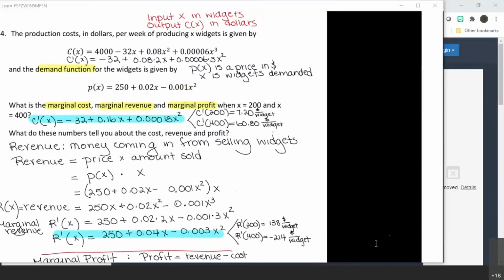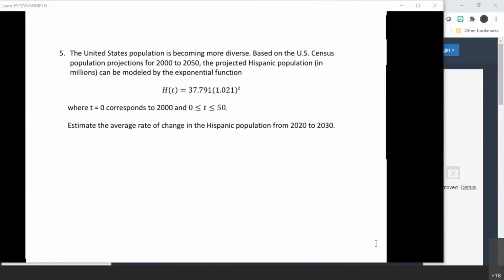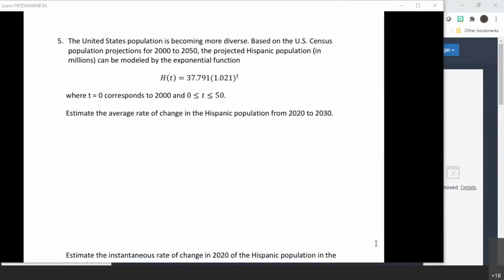Okay, so everybody comfortable with the basic equations used in this example? Good. Fantastic.